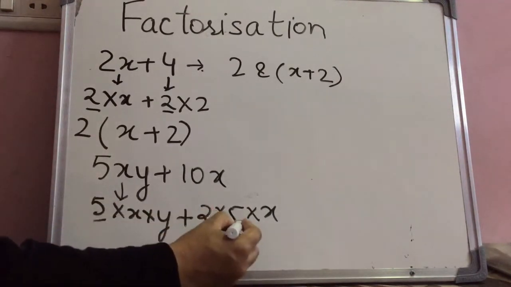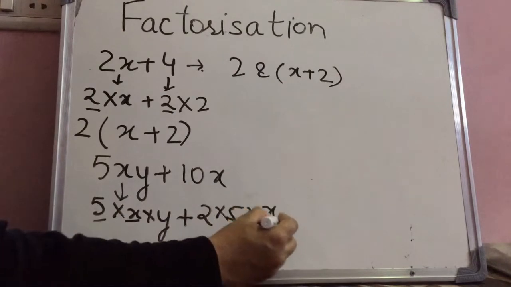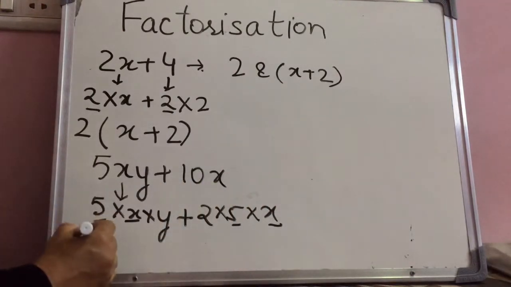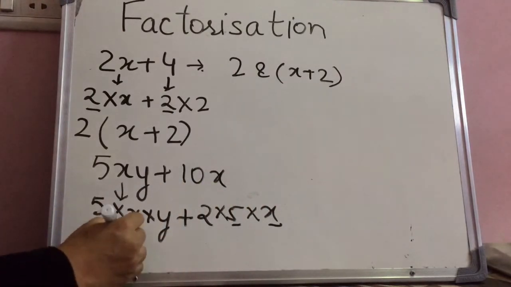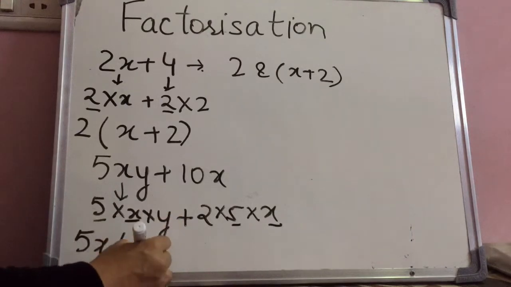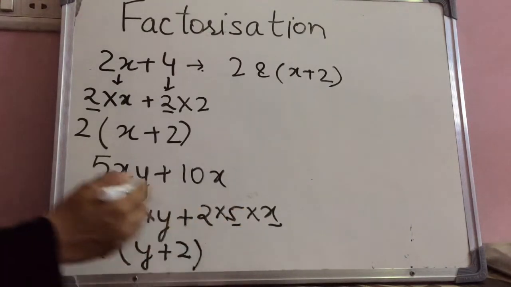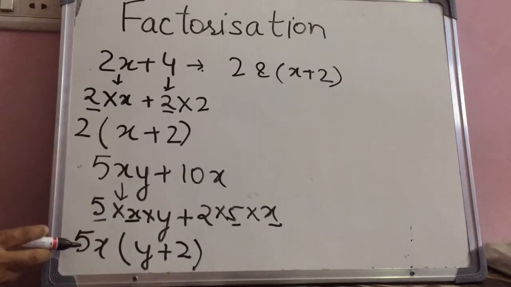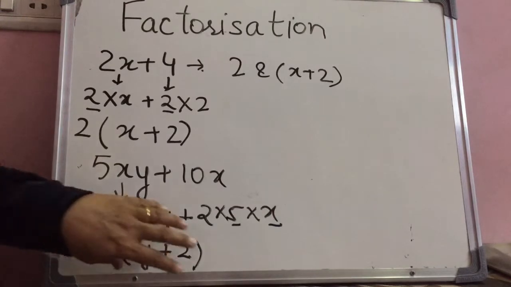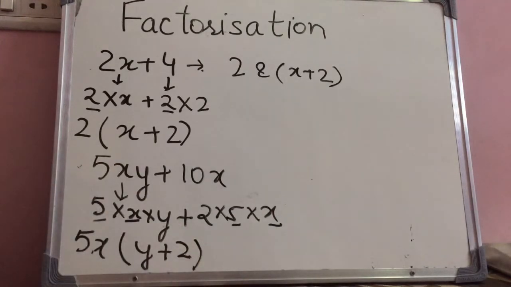First we have 5 and then x. There are two common factors. So 5x we will take out of the bracket and rest of the factors we will put in the bracket. y plus 2. So two factors of this expression are 5x and y plus 2. So this is one factor and this is another factor.